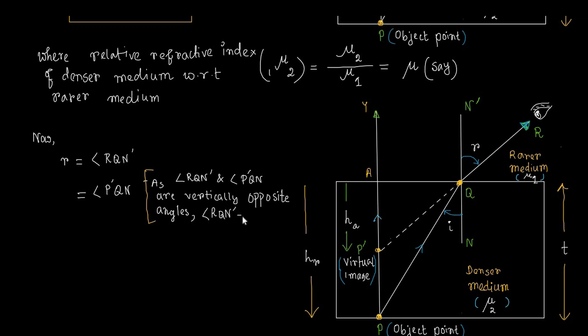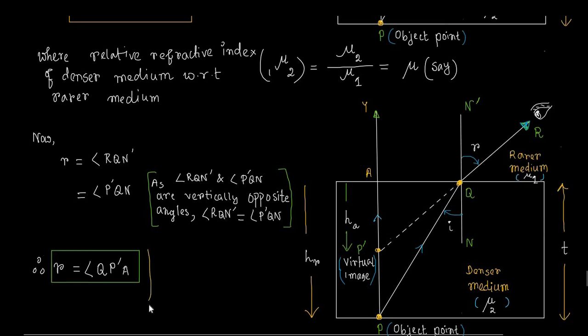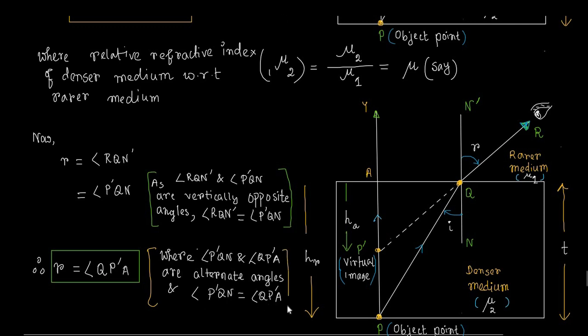Therefore, r can be written as angle QP prime A, where angle P prime QN and angle QP prime A are alternate angles, and angle P prime QN is equal to angle QP prime A.